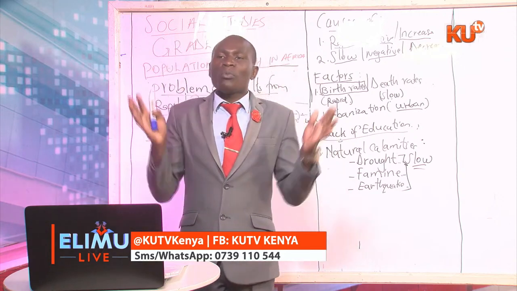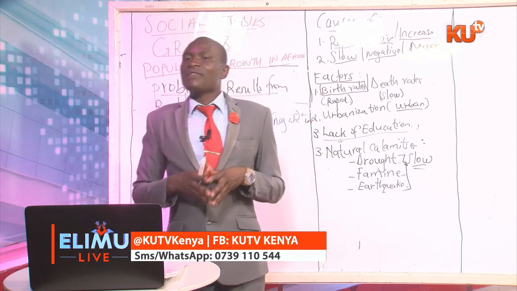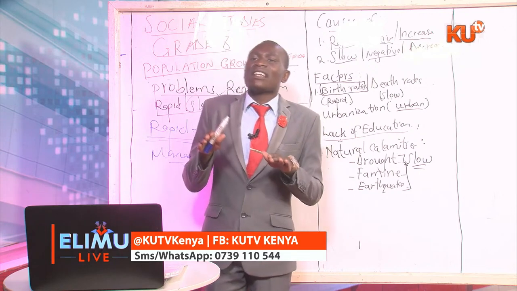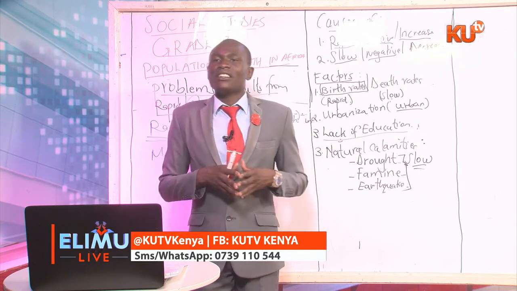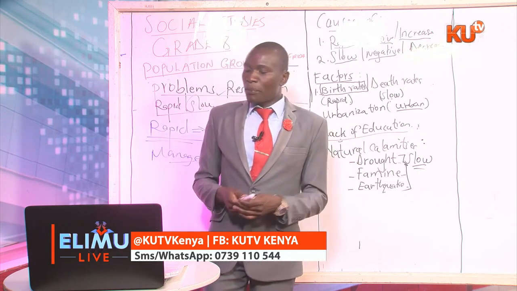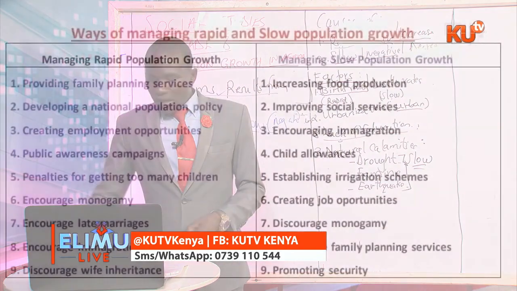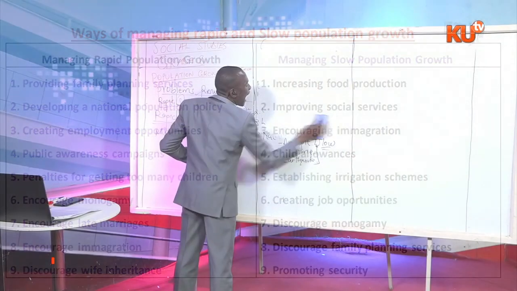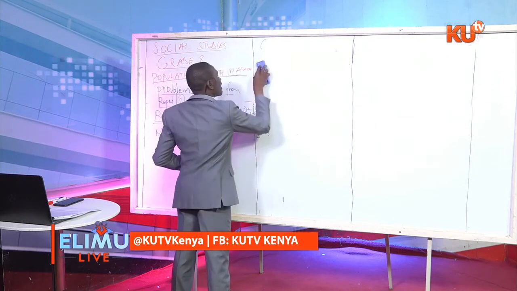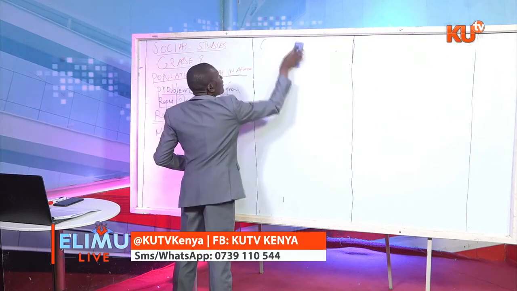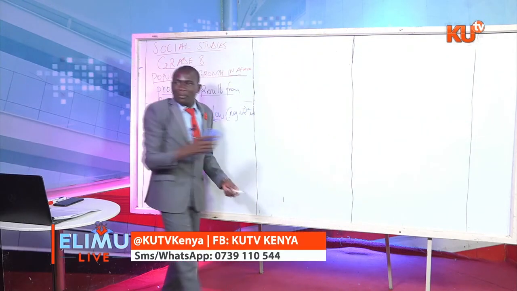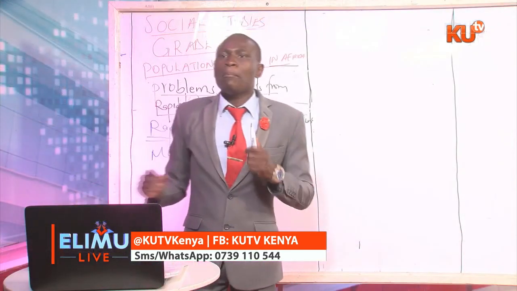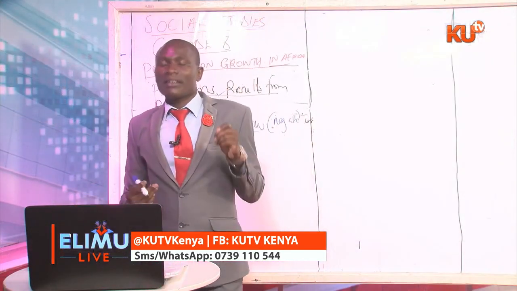Now that people are too many, we are going to provide family planning so that we have a certain number of people in a given population. Also, two, encouraging late marriages. If we encourage late marriages, then we are going to have slow population growth, and discouraging early marriages and discouraging high birth rate.